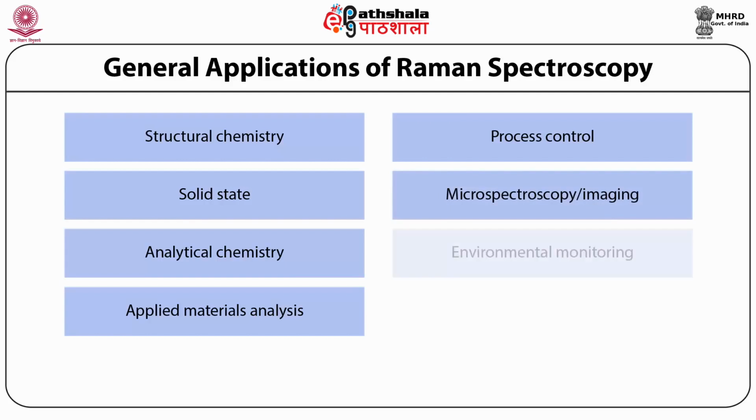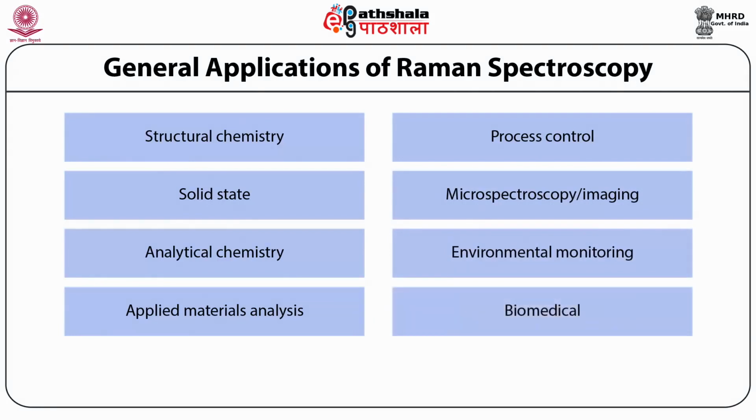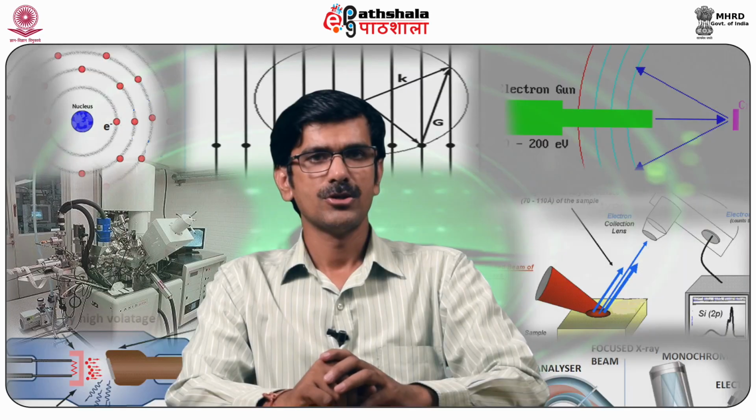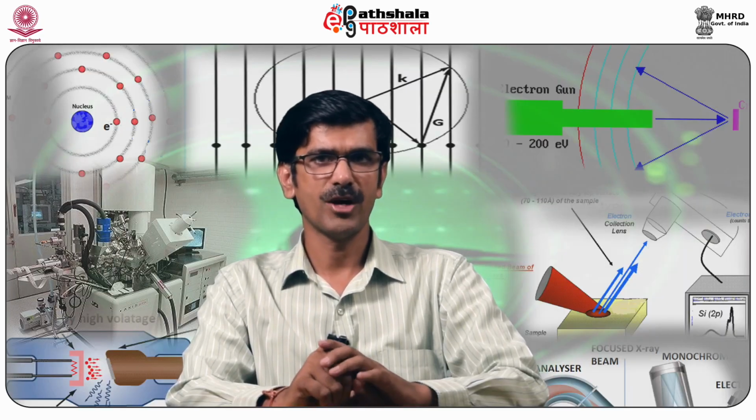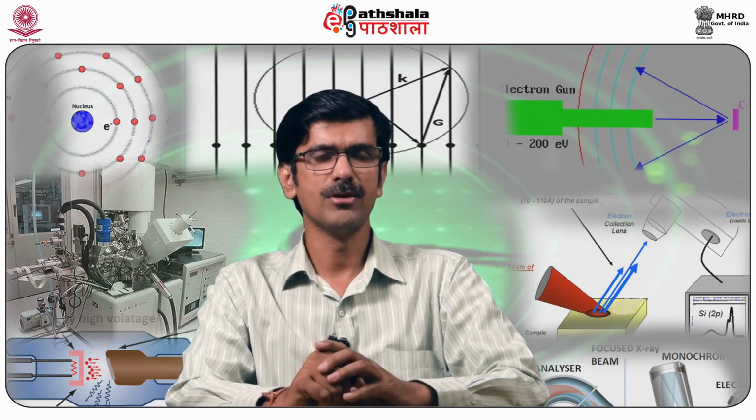In several environmental monitoring processes, Raman spectroscopy is used. Biomedical, and there are many more applications. These are a few applications to name, whereas Raman spectroscopy is a very sensitive and simple tool which is extensively used for material characterization. So students, let us summarize what we have studied today in this module.